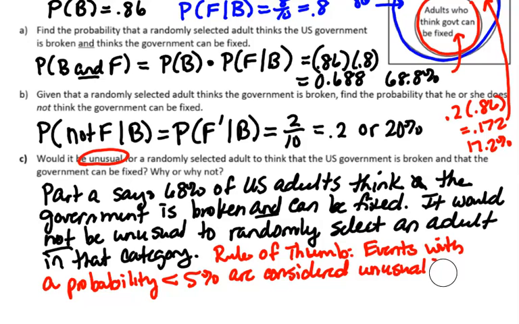I don't know why I put a question mark there. That's a statement. Rule of thumb: events with a probability less than 5% are considered unusual.